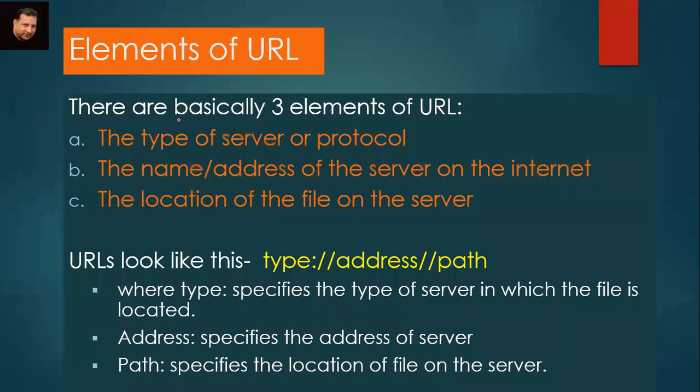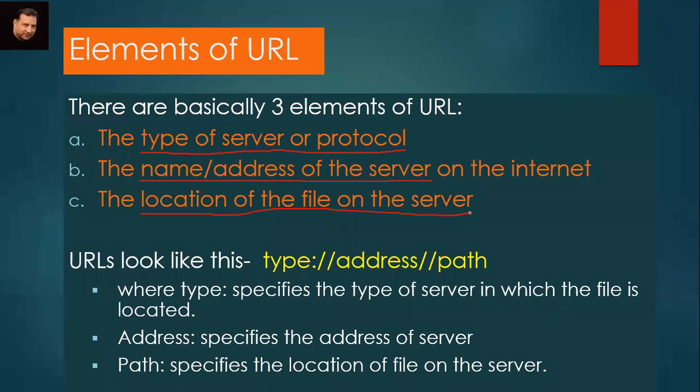Now let us see the elements of URL. So there are three elements of URL. First is the type of server or protocol, the name or address of the server on the internet, and the location or path of the file on the server.